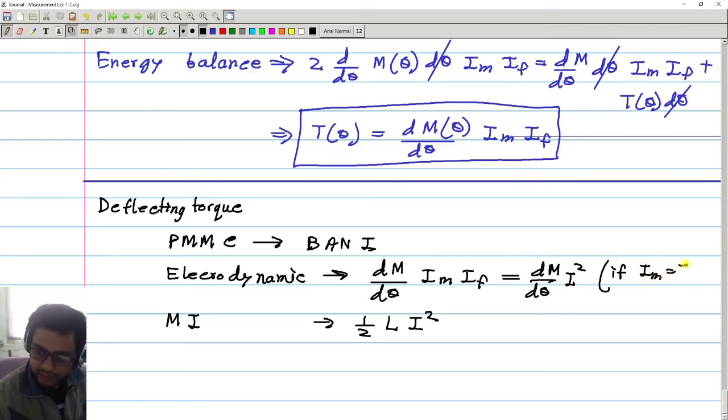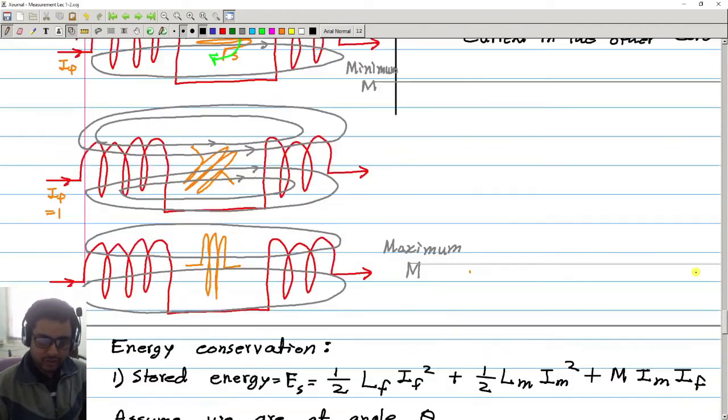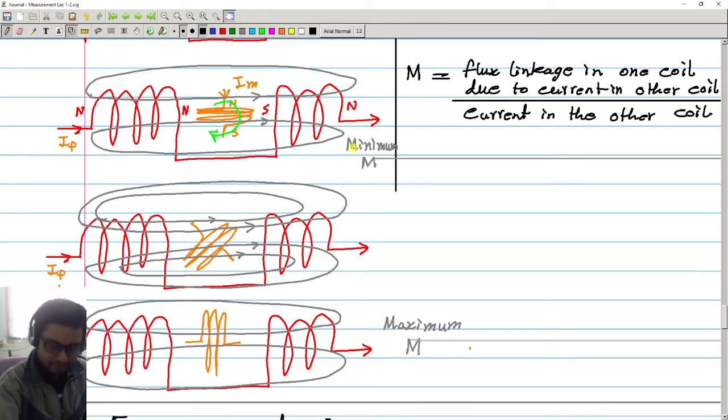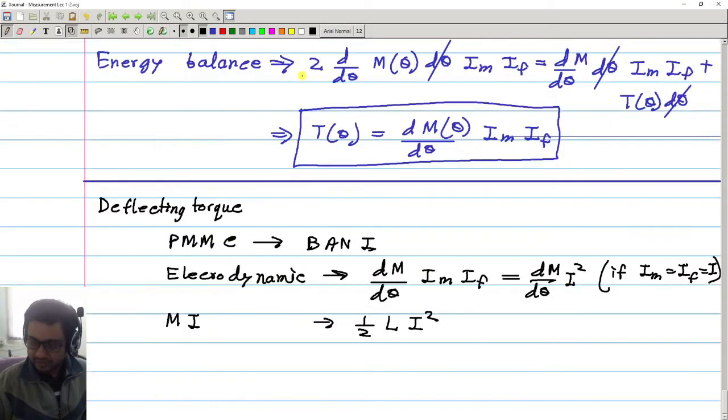Im equals If equals I. That means when you connect the two sets of coils in series, and that is a natural choice often. If you want to measure current, then you have one current that you want to measure. Where will you get the other current from? So why not just connect them in series, and that will serve the purpose.